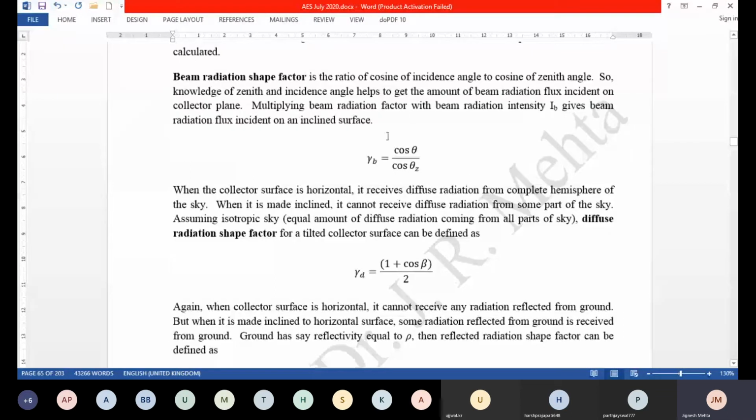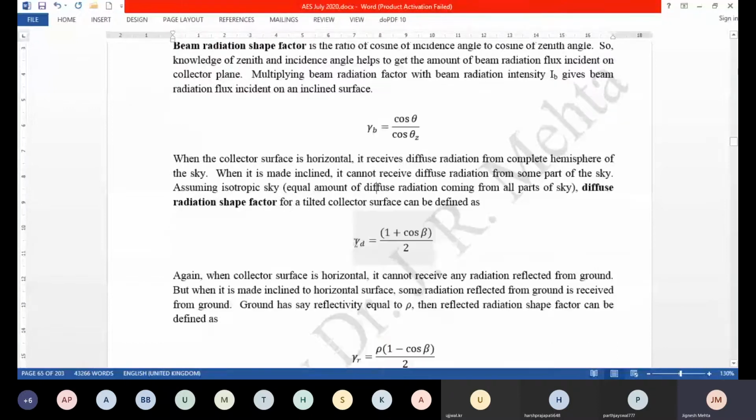Okay, so you can expect that if you are talking about the right time and a proper tilt angle beta for the given collector, then your gamma b should be greater than 1.